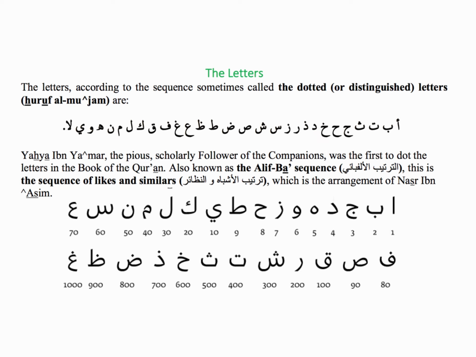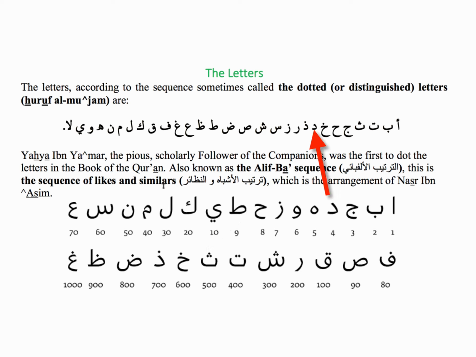So what did Nasr ibn Asim do? He took the alif, he said, okay, that's number one. Took the ba, said, okay, that's number two. But where's the next letter that's like ba? Ta. So he took ta and brought it to the front. Said, where's tha? Took that, brought it to the front. So then alif, ba, ta, tha. Then he said, okay, here we have jim. What's like jim? Ha. So he took the ha, brought it to the front. Kha. Took it, brought it to the front.